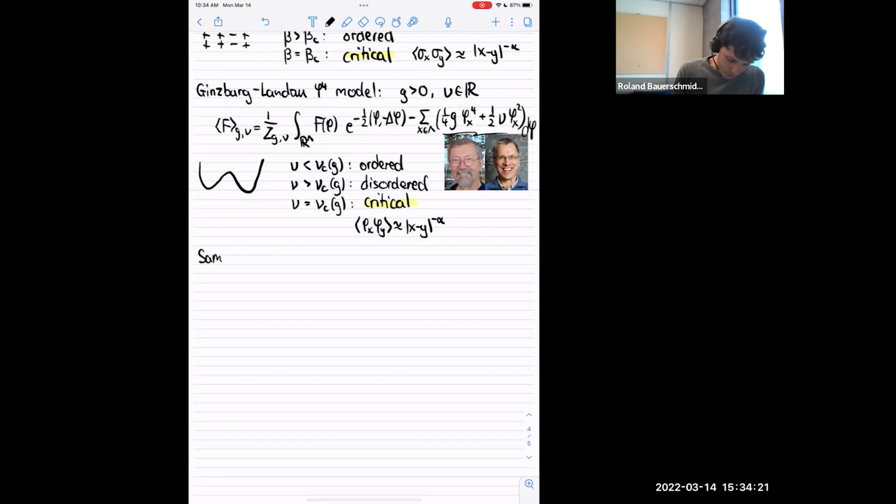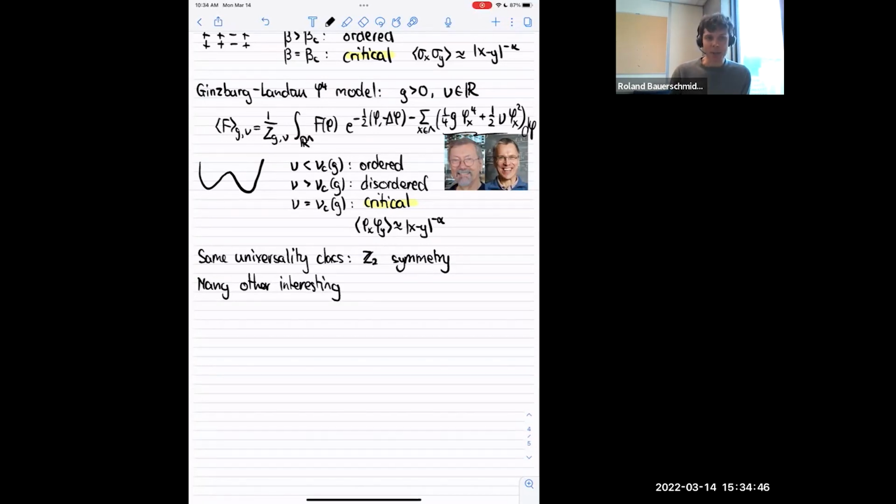One would say they are in the same universality class, which is that of Z2 symmetry. There are many other interesting universality classes, obtained, roughly speaking, by replacing the group Z2 by other groups.